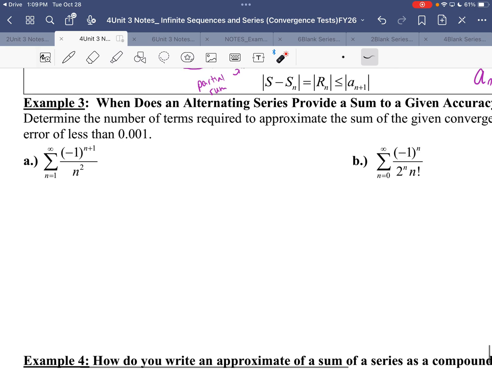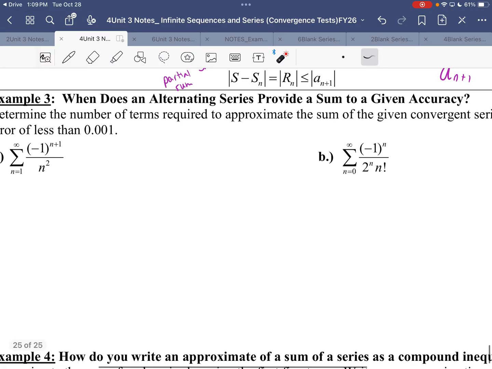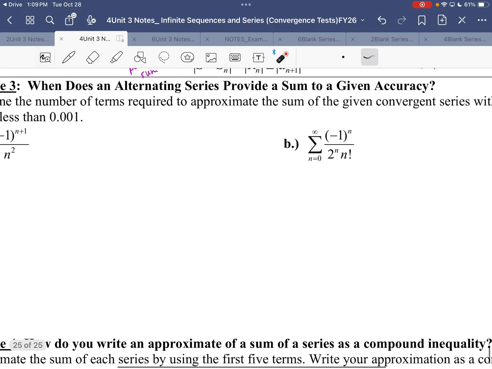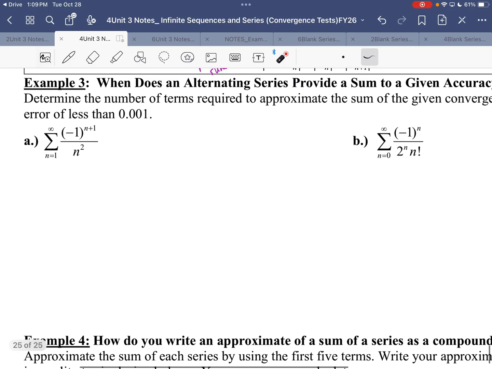Okay, so on example 3, we have to determine the number of terms required to approximate the sum of the convergent series within 3 decimal places of accuracy.